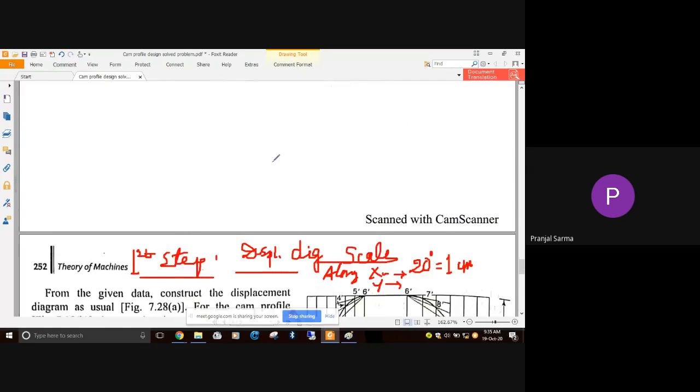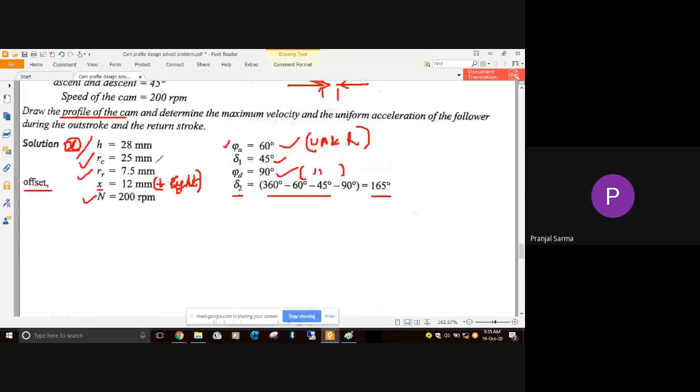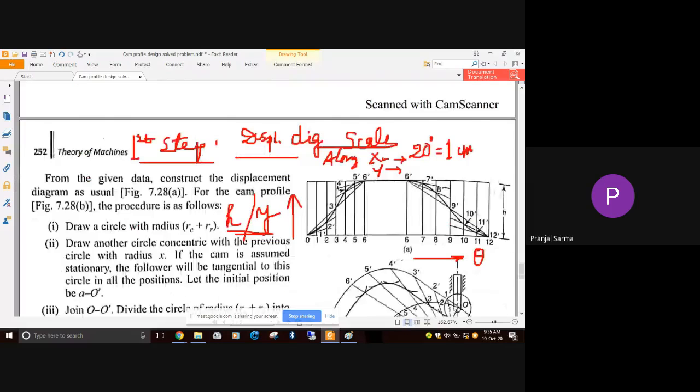Similarly along the y-axis, how much is the lift given? Lift is given as 28 mm. Drawing exactly 28 mm will not be any problem, so you can consider a 1:1 scale, or 1 mm equal to 1 mm. I hope all of you have understood up to this much. It is nothing but a 1:1 scale.